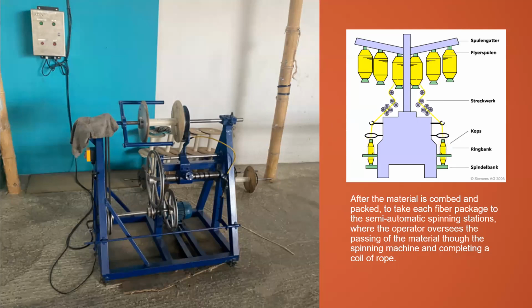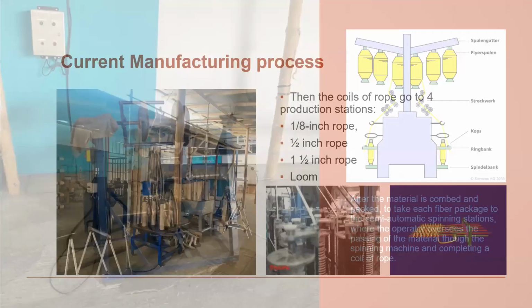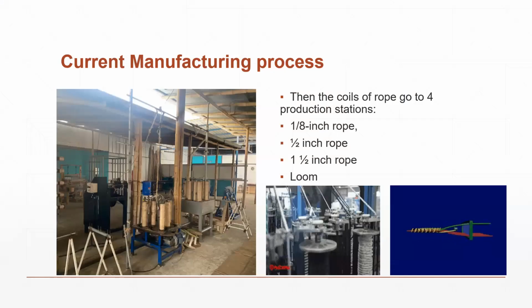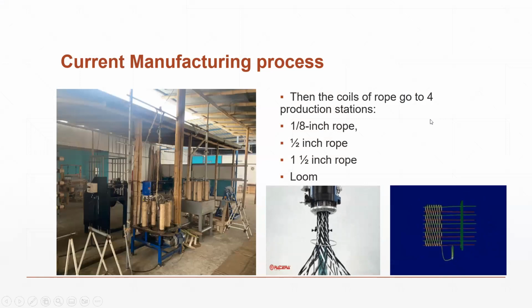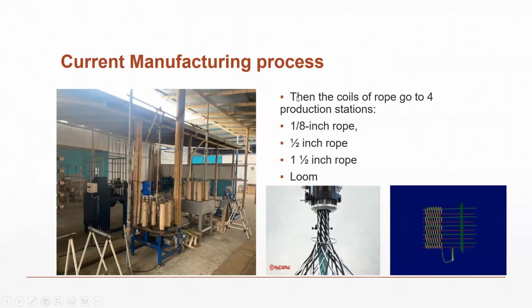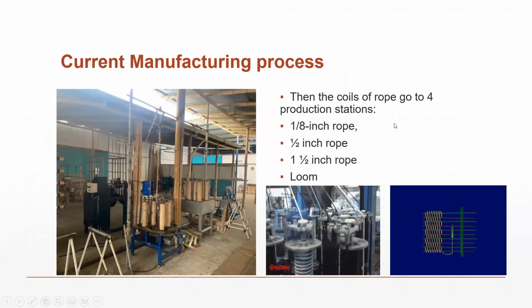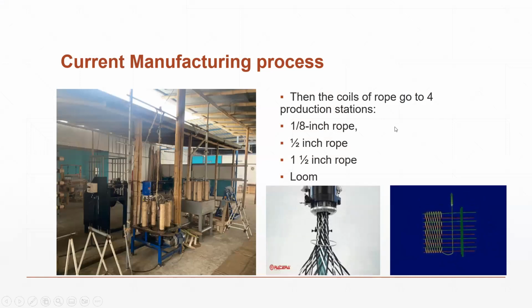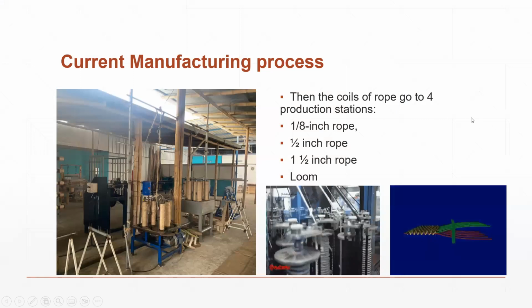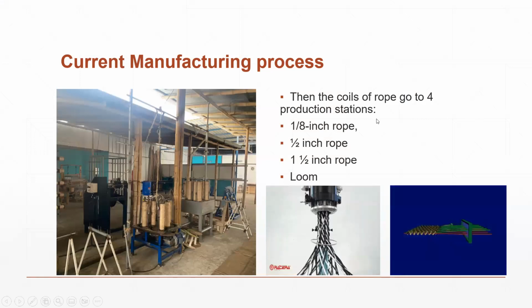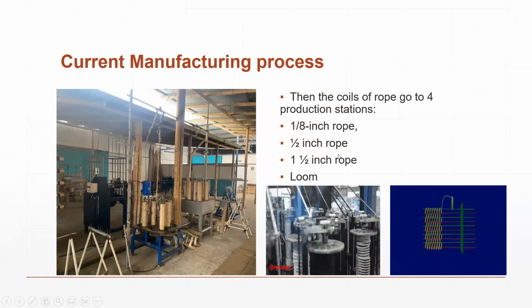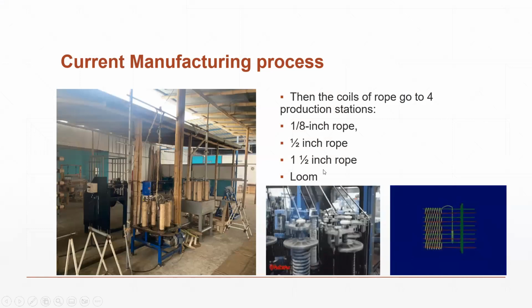Once the operator finishes, all the coils are moved to the respective stations. We have 4 stations to make the materials and products for a FAD: the 1/8-inch rope, the 1/2-inch rope, the 1.5-inch rope, and the loom station.